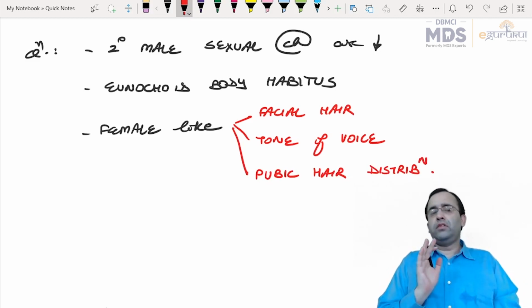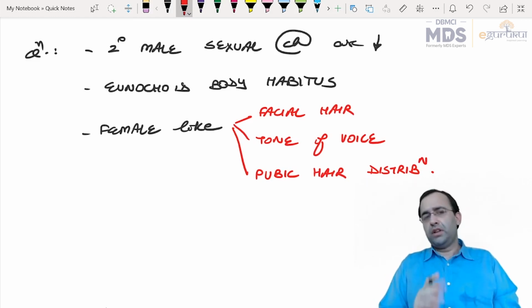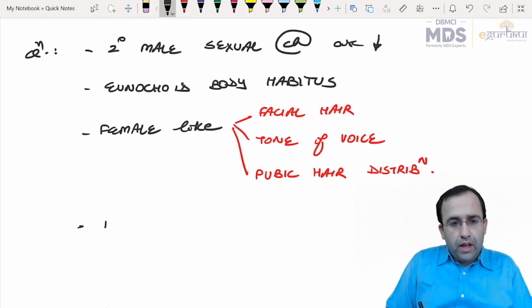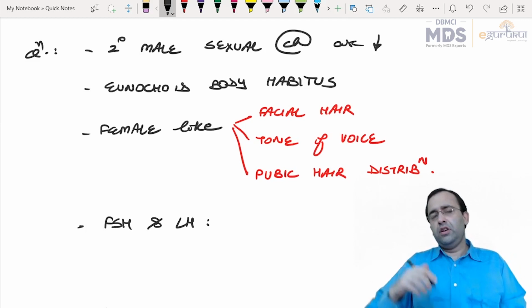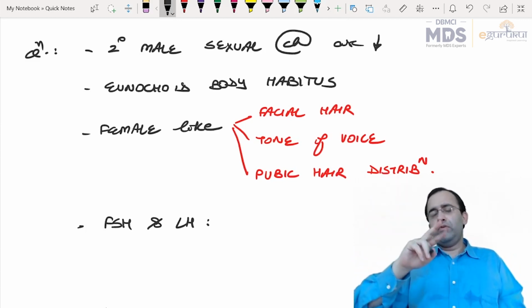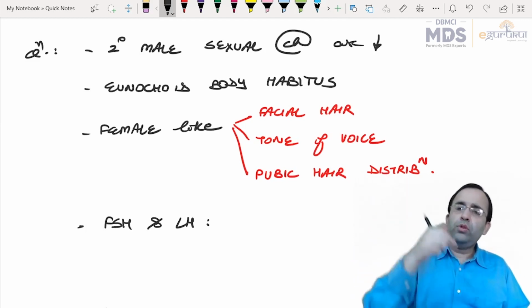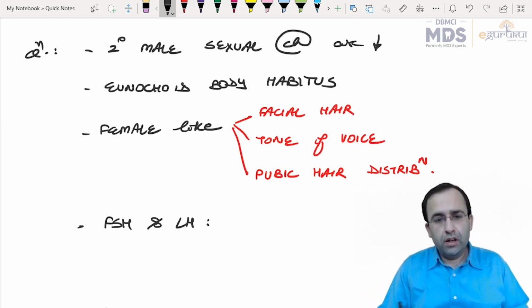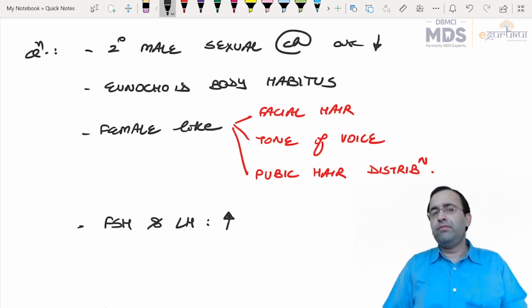This is Klinefelter's. Let us see the questions. First question, Klinefelter's syndrome, FSH and LH: low, normal, high? What was Klinefelter's? More than one X chromosome with at least one Y chromosome. So the X chromosome is increasing, so FSH and LH are high.